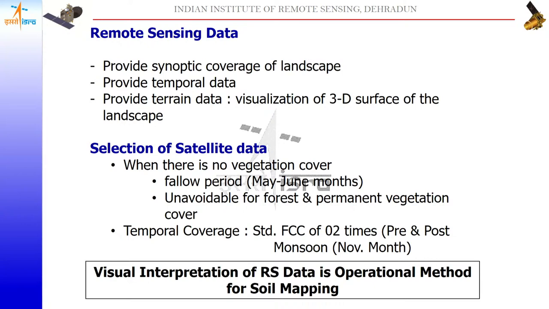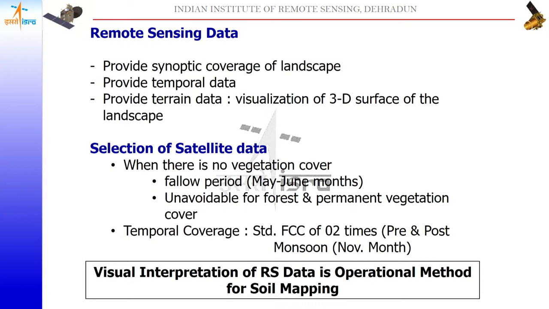Every month you can get, or season wise, or pre-monsoon and post-monsoon season data. That is the advantage. You can see your entire area in various months. Also today digital terrain models are available, so you can see your area in 3D, and topographic information can be interpreted from that.